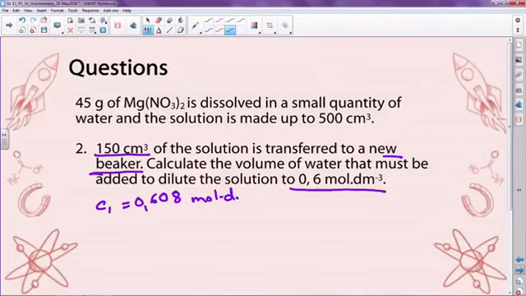Do you see they're very close? This is where your accuracy is important. I'm going to give you a minute to work out that volume, and that minute's going to start now.